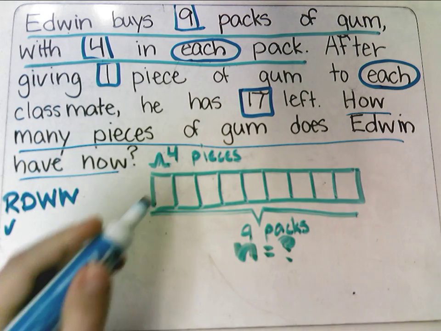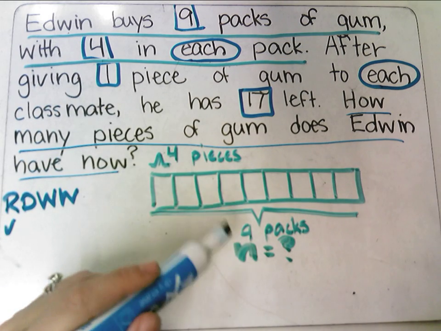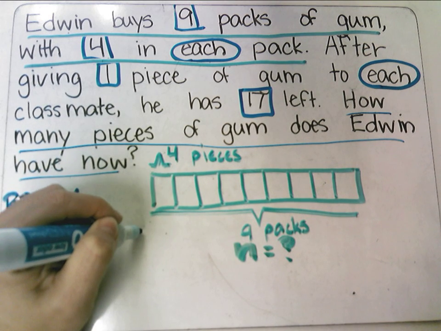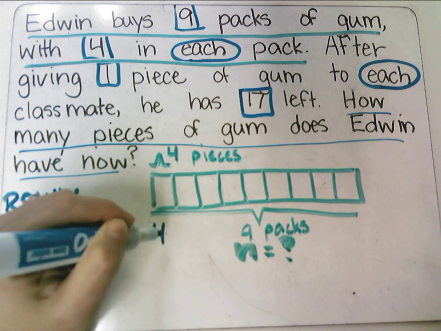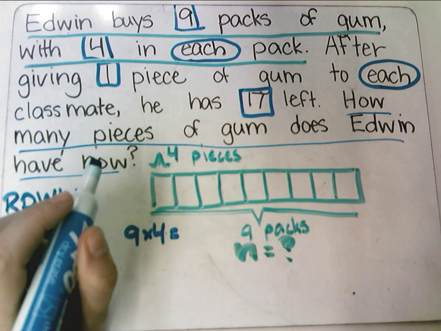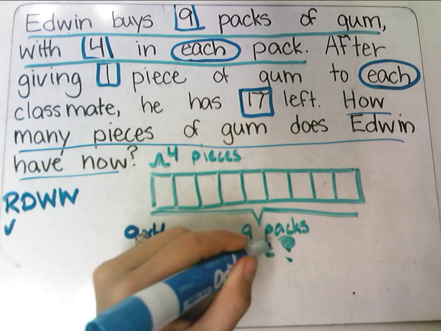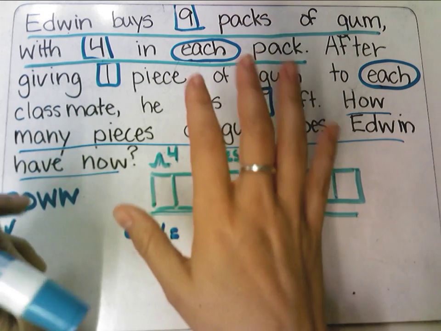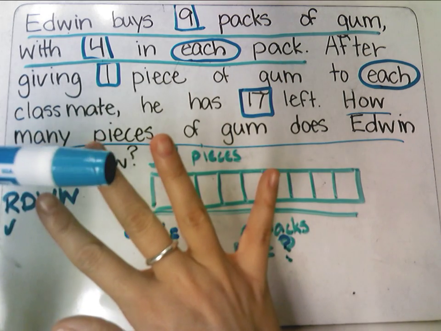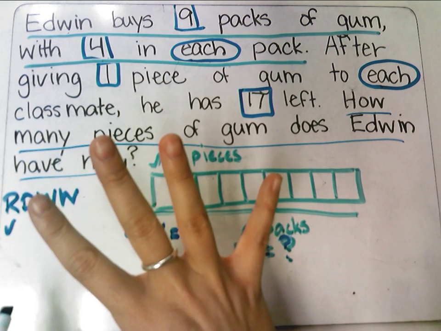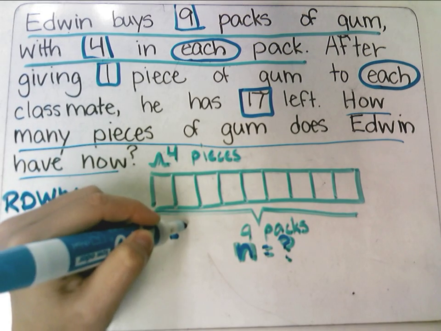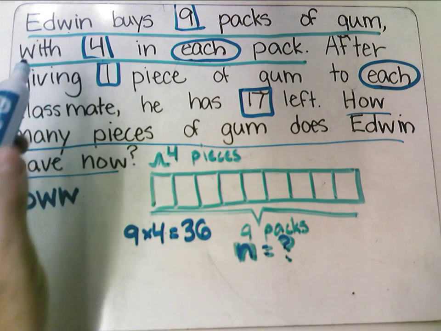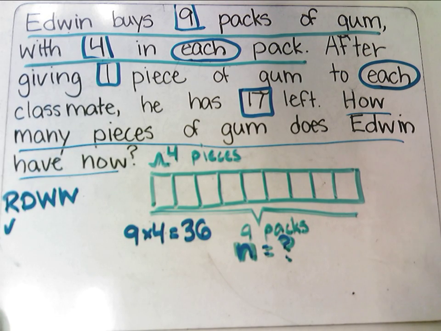Because we have 4 pieces of gum and 9 packs total. So right next to it, I'll write 9 times 4. Can we skip count by 9s to figure out what our n would be for this part of the word problem? 9 times 4. 9, 18, 27, 36. 9 times 4 is 36. So for the first sentence, he has 36 pieces of gum.